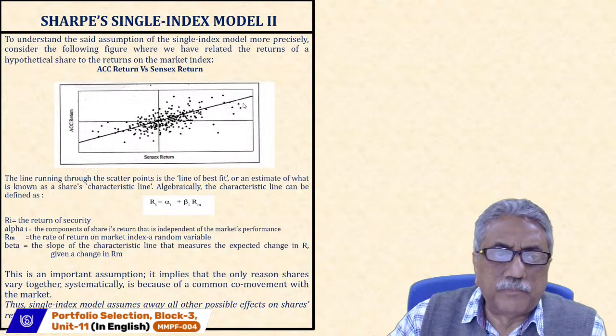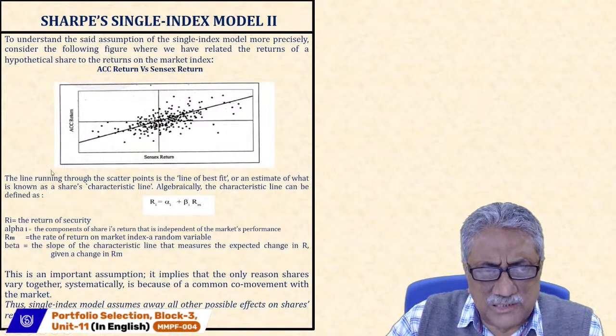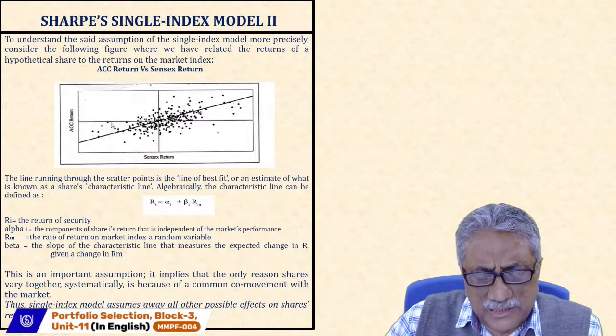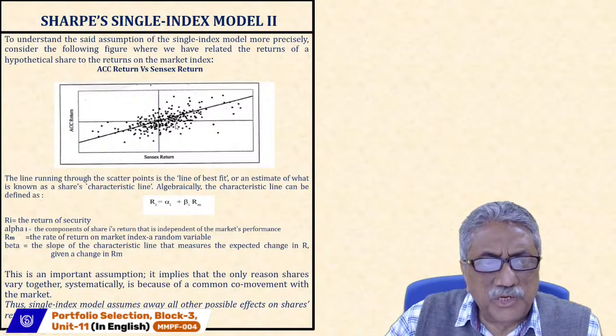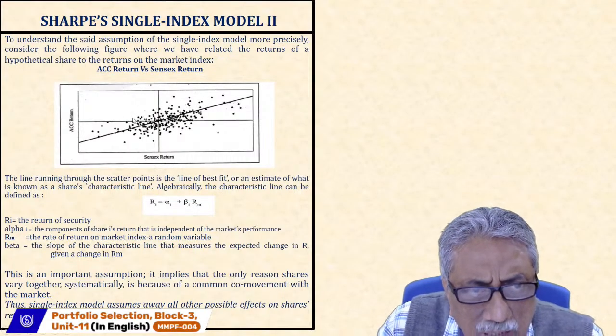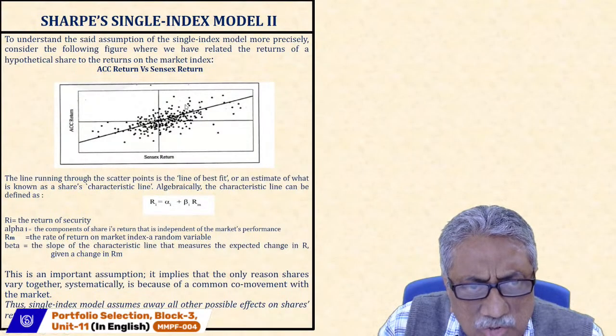I'll repeat it again. Now, on the horizontal axis you get the Sensex return, on the vertical the ACC return. Now, the dots are the returns. Now, this line is the characteristic line. Okay. So here what I find is that this ACC has more or less remained along with the Sensex. If Sensex has moved up, it has also moved up.